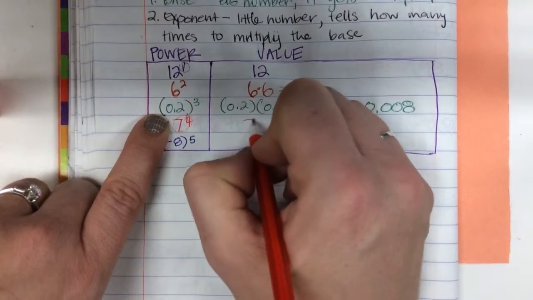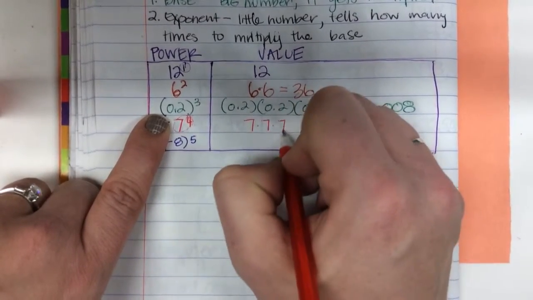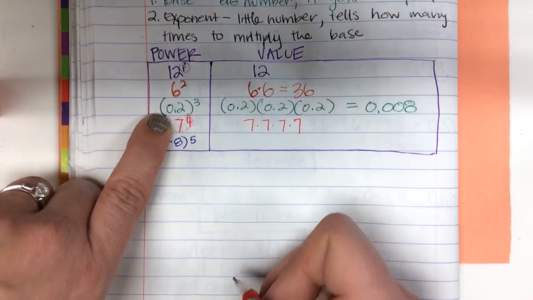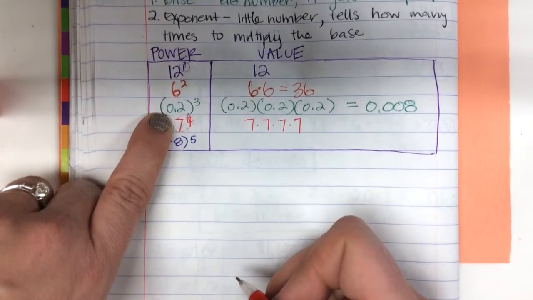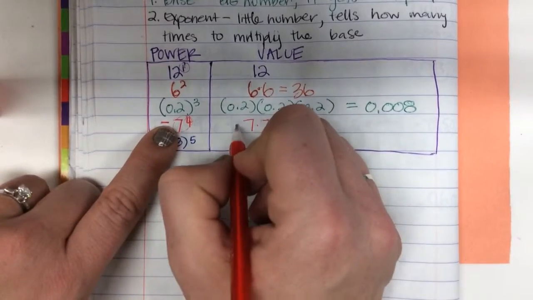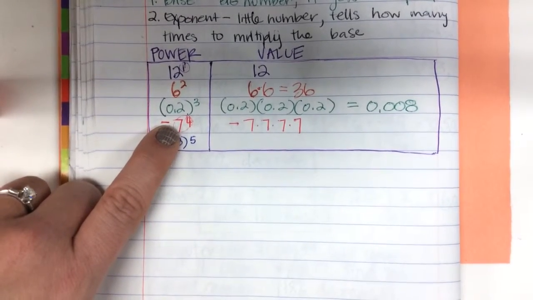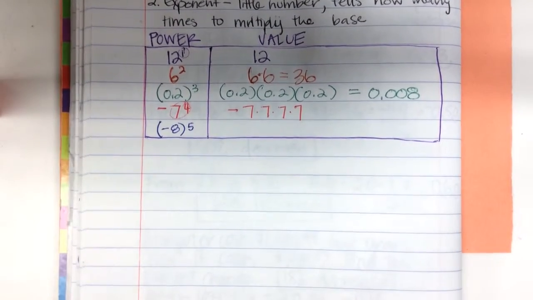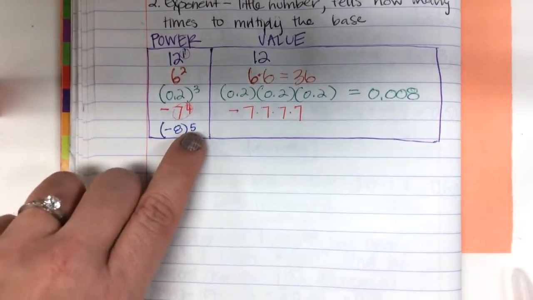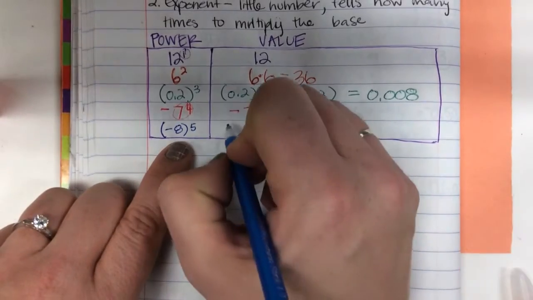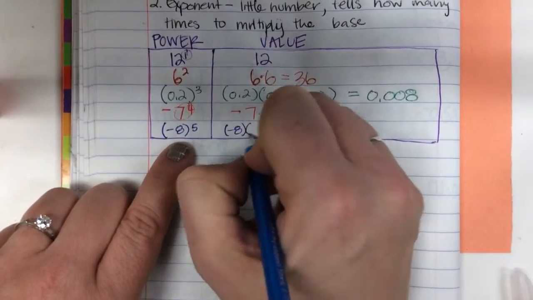So I'm going to do 7 times 7 times 7 times 7, 4 sevens, and there's a negative in front. In this problem down here, what does the 5 exponent touch? The parentheses. And what do the parentheses touch? They touch negative 8.